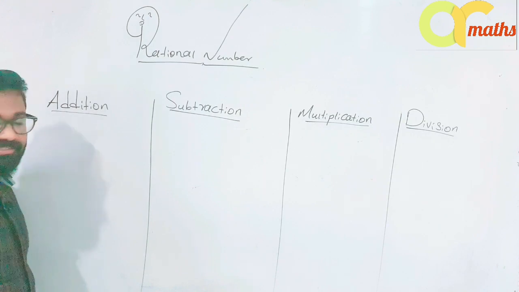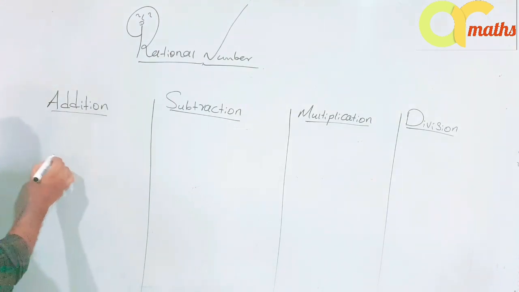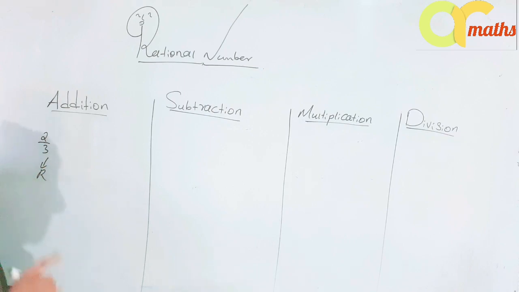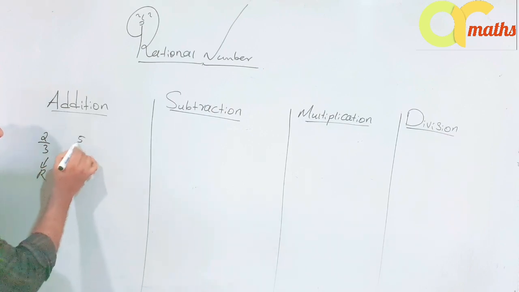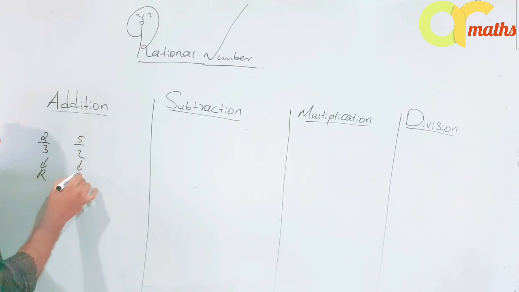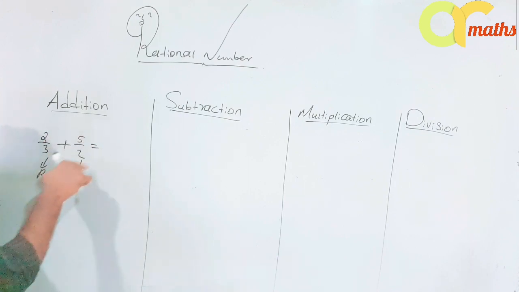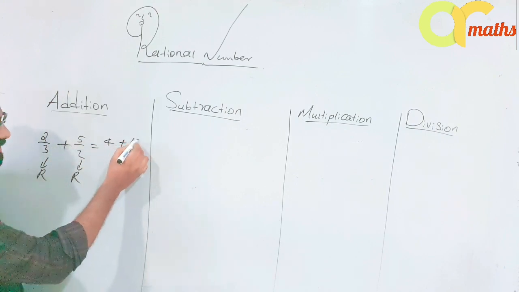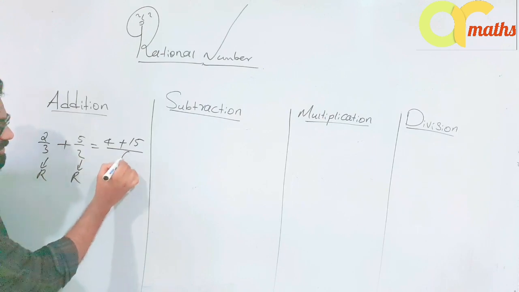Closure property in rational numbers. In the case of addition, take a rational number 2 by 3. This is a rational number. Take another rational number 5 by 2. Then addition. Just cross multiply, 2 into 2, 4, plus 3 into 5, 15, all divided by 3 into 2, 6.